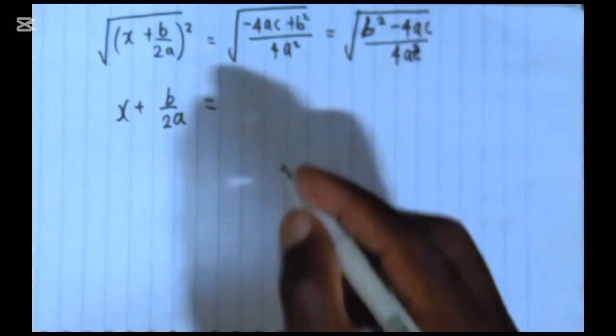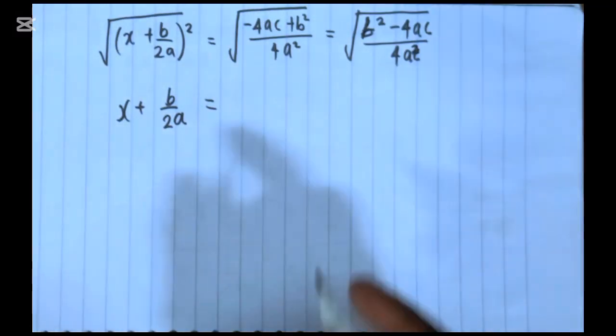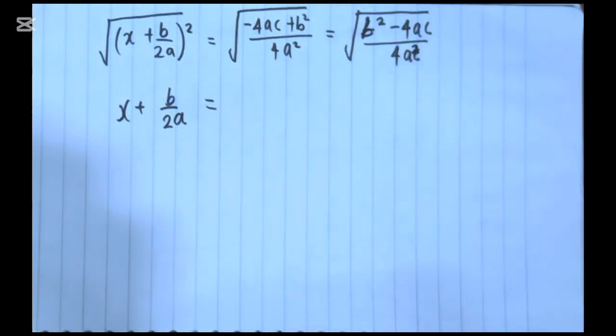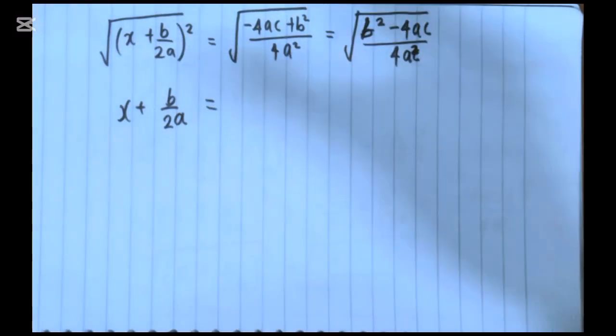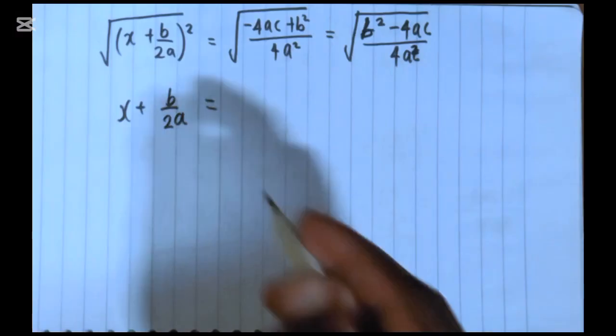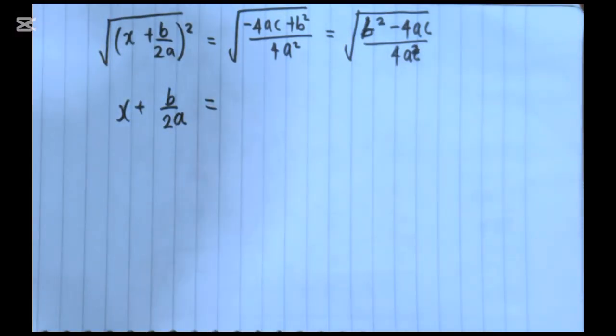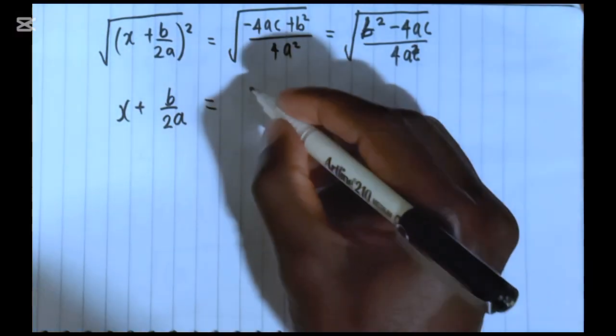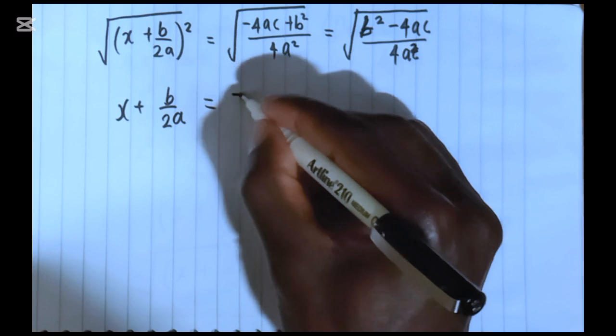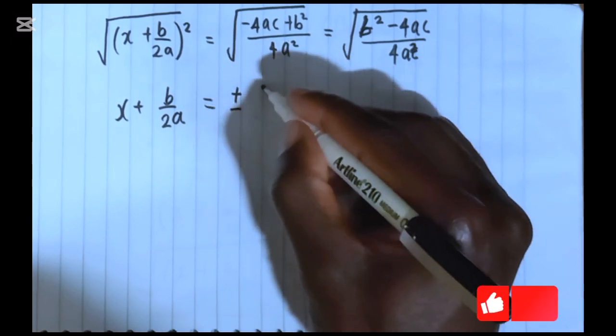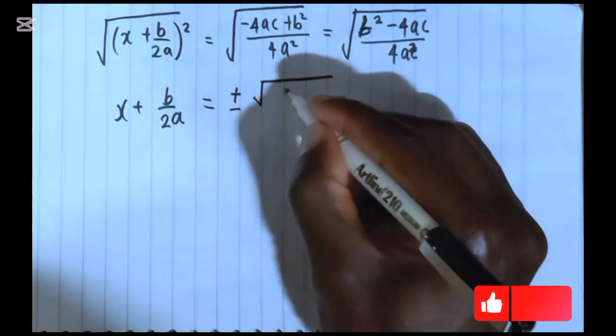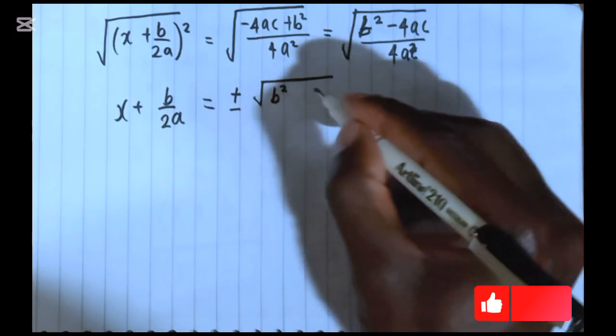Then on the right-hand side, with the numerator, we are not able to find any definite square root. So we're basically going to have it as a plus or minus square root of b squared minus 4ac.